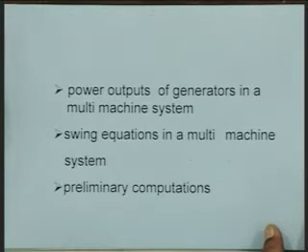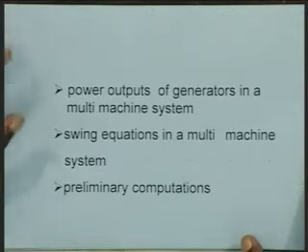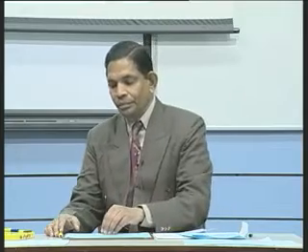Using that model, we will develop the power output equations of generators in the multi-machine system. Then we will write down the swing equations in the multi-machine system, and then for transient stability analysis, whatever preliminary computations are required to be made, we will discuss those.